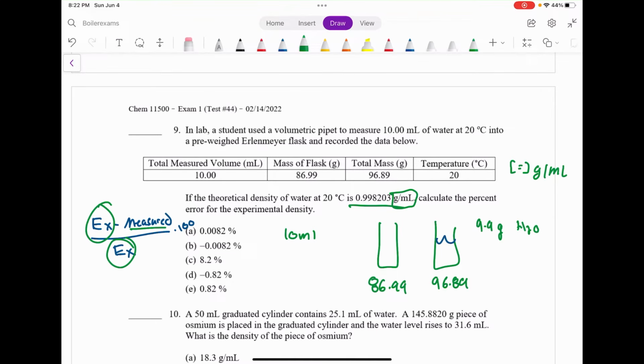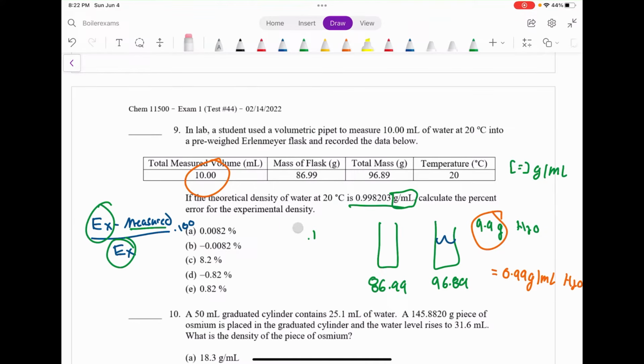So we can just take our grams and divide it by the volume to get the density. So 9.9 divided by 10.0. So our density is 0.99 grams per milliliter of H2O. Okay, that is our measured.